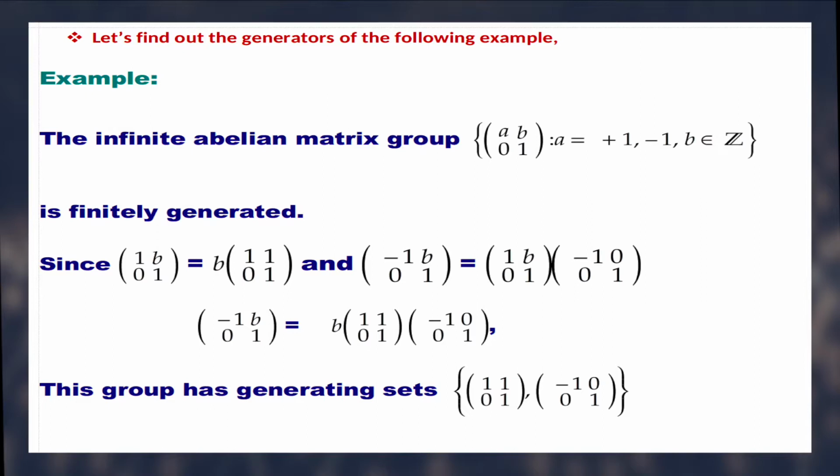Since the matrix [1, b; 0, 1] is equal to b times the matrix [1, 1; 0, 1], and the product of [-1, 0; 0, 1] with [1, b; 0, 1] is the matrix [-1, b; 0, 1], which is b times the matrix [1, 1; 0, 1] times the matrix [-1, 0; 0, 1]. This group has the generating set: the 2 by 2 matrix [1, 1; 0, 1] and the 2 by 2 matrix [-1, 0; 0, 1].